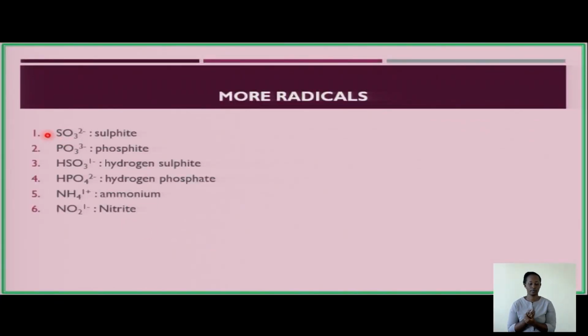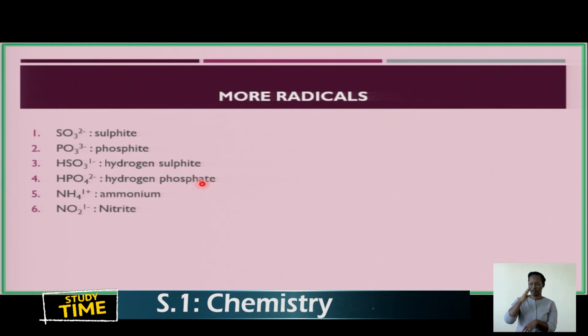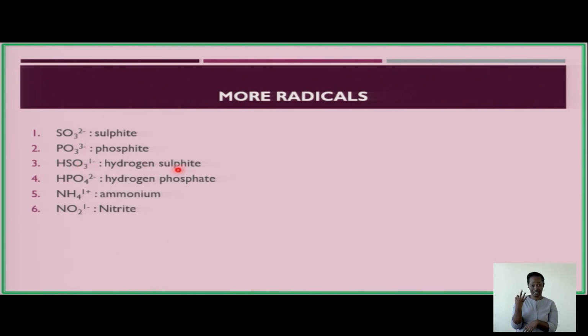So we have a sulfite ion, we have a phosphite ion. You can see that when we have 4 oxygen atoms, the name ends with ATE. But when we have 3 oxygen atoms, the name ends with ITE.